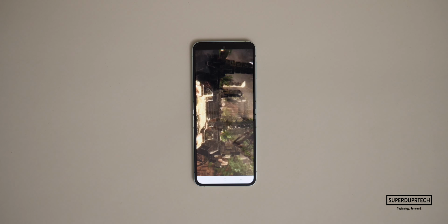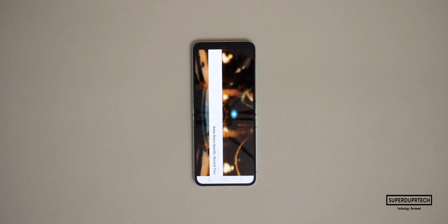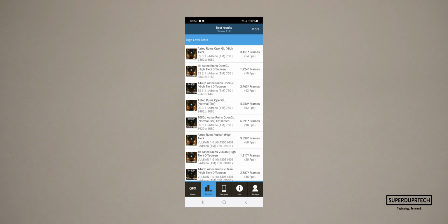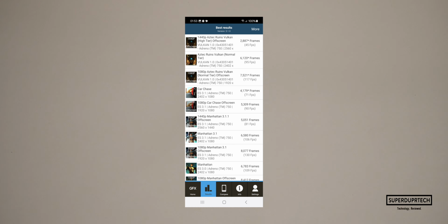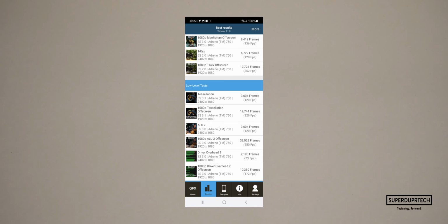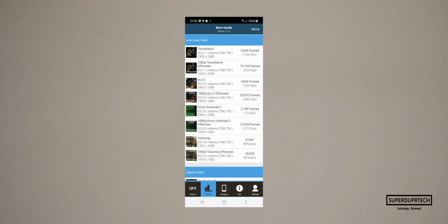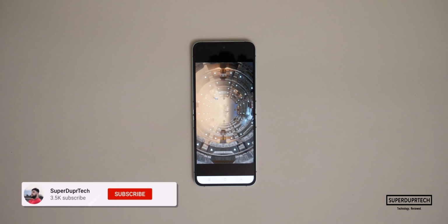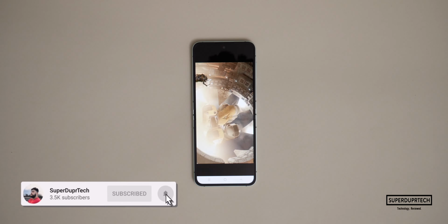Now in the interest of saving some time I have calculated the average across these categories, but as always I will show you each individual result. So the average that I got for the higher intensive tasks was a frame rate of 96.21 frames per second, whereas for the lower level intensive tasks I got an average frame rate of 227.33 frames per second.